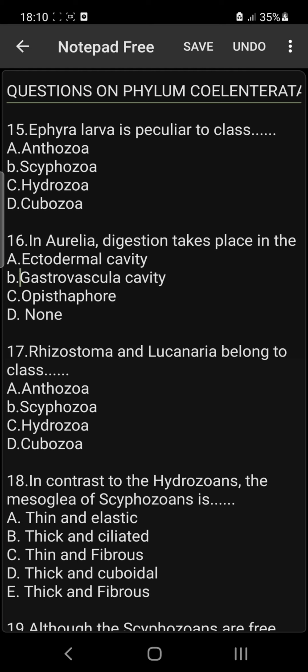They have the ectoderm and the endoderm. The endoderm is also called gastroderm. Take note of that. So digestion in Aurelia takes place in the gastrovascular cavity. Number 17. Rhizostoma and Leuconeria belong to class dash. They belong to class Scyphozoa, B.